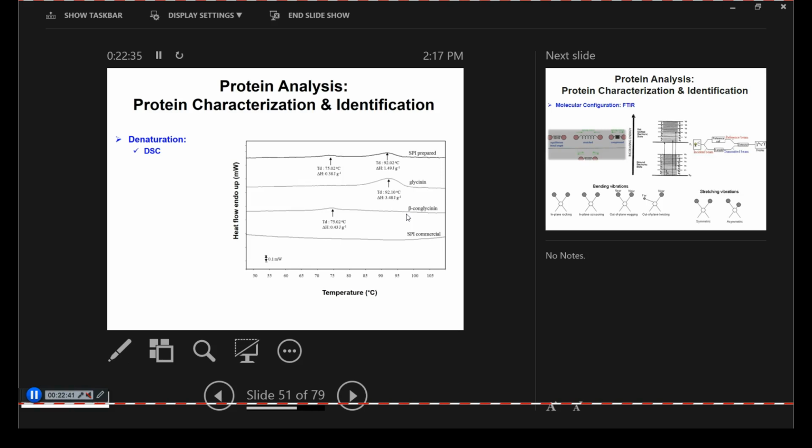When we do that, in 1 gram of protein you have a mixture in terms of ratio, how much of this you have versus this. But here, the 20% protein solution that you have is mostly glycinin. And this is directly proportional to the amount of protein you have. So it looks bigger because there's no other peak there, no other protein.